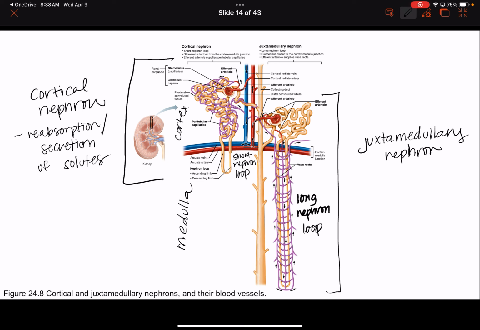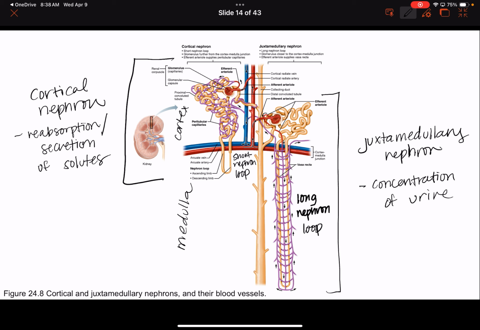While the juxtamedullary nephron is more for concentration of urine. If you're dehydrated, your urine is going to be very concentrated with not a whole lot of water. If you're overhydrated, your urine is going to be very dilute with lots of water. We'll talk more about that with the urinary system too.